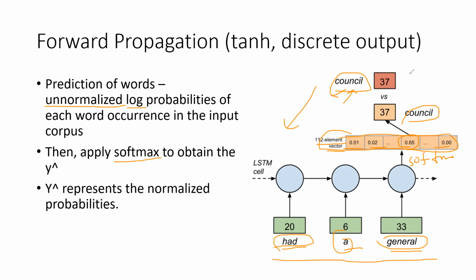For example, in this case, let's say my yt was 37. सही है. But the most probable value was 36. So now I'll find the difference between these two. That will be the loss. So yeah, and then I will use the loss to back propagate and update the weights and the biases.